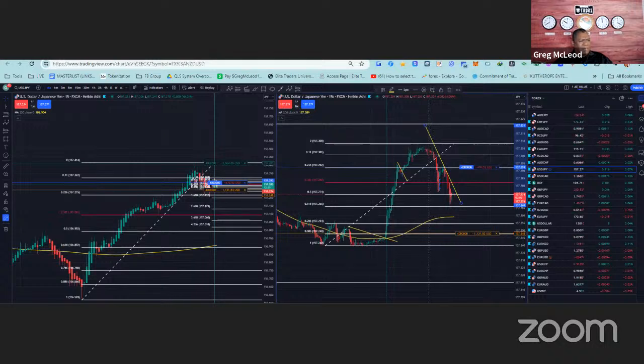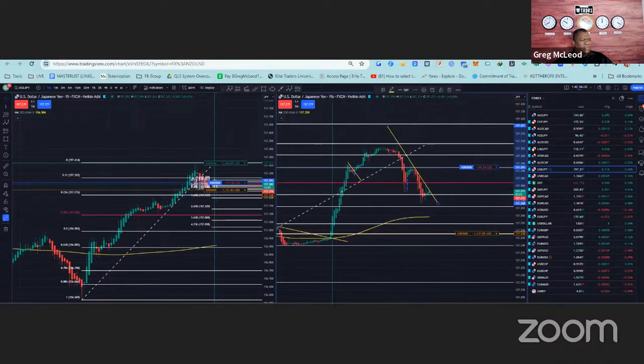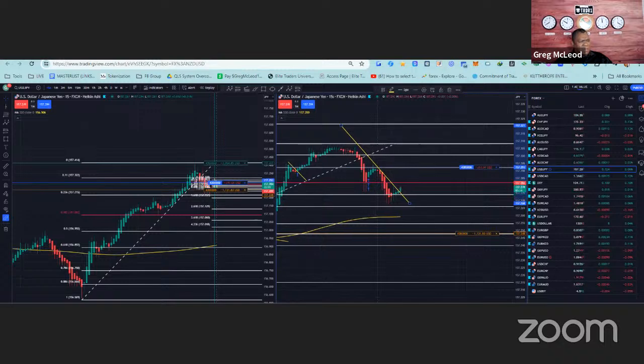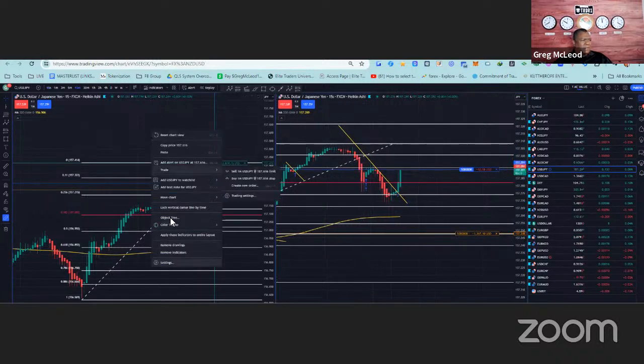A lot of profit taking. $57.27. Yeah, I would break the trend line. I'm gonna remove all the lines. I don't need these lines anymore.